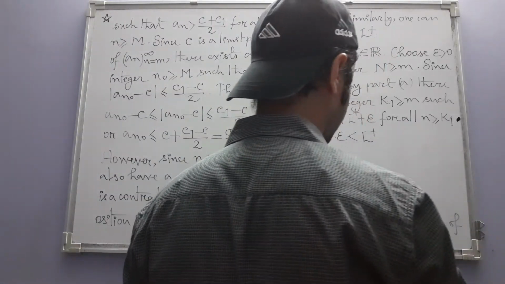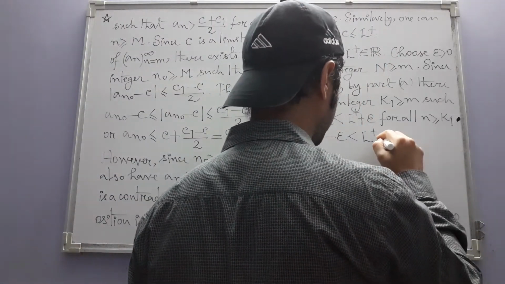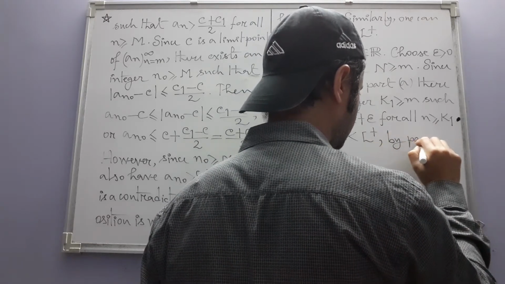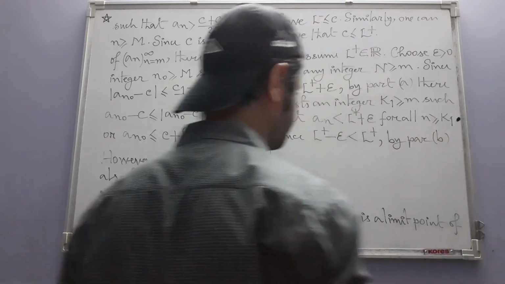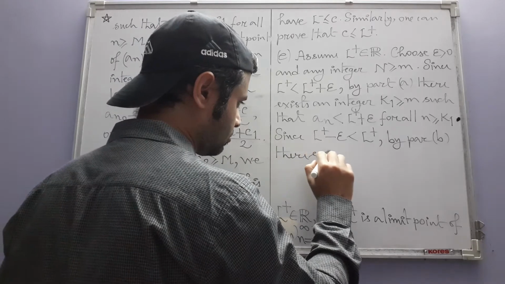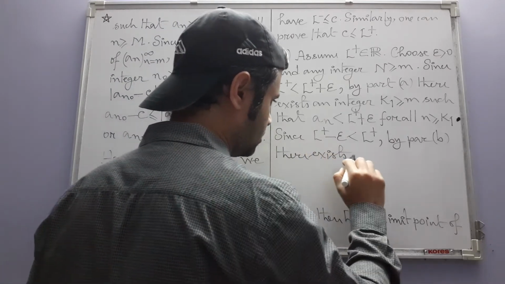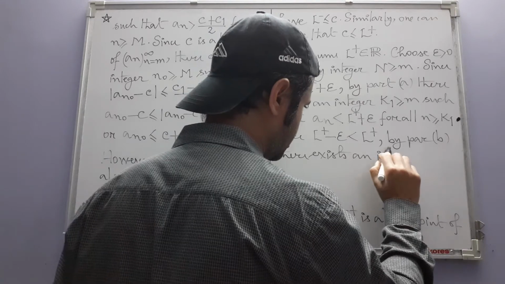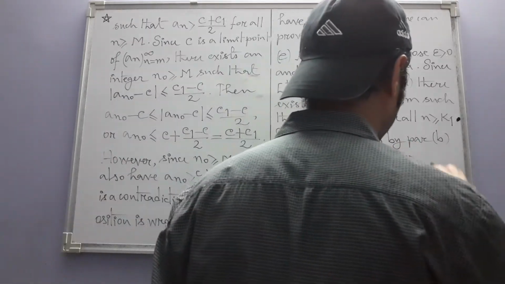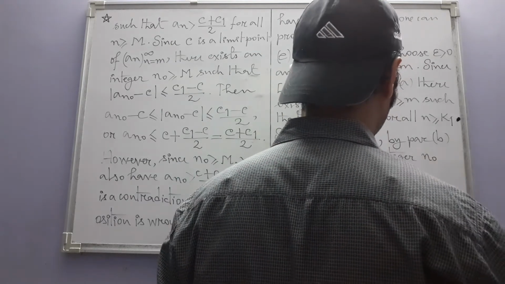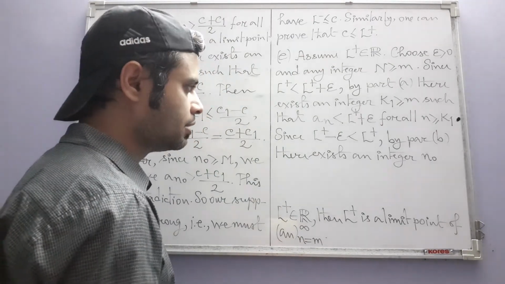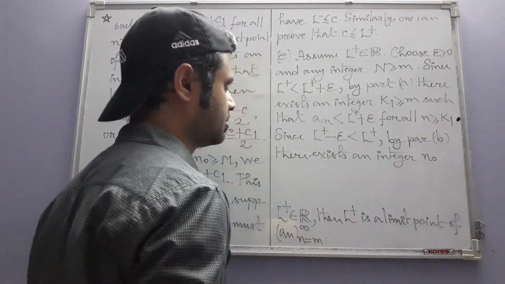Since this is less than L plus, by part B, there exists an integer, say n naught, and the stage that we are choosing after which this thing is going to happen is this k1 itself.